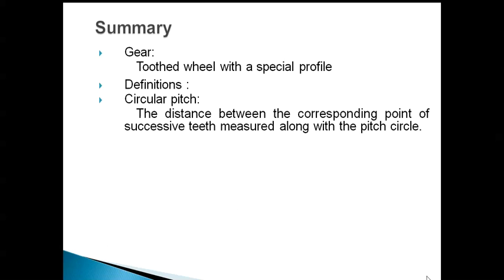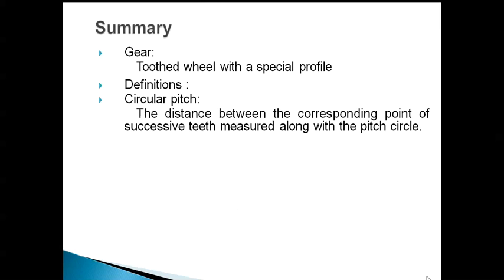It can transmit the exact power to another shaft without any slip. It is also used where different speeds are required and high speeds are there. Gears can also be used for shafts which are near to each other.